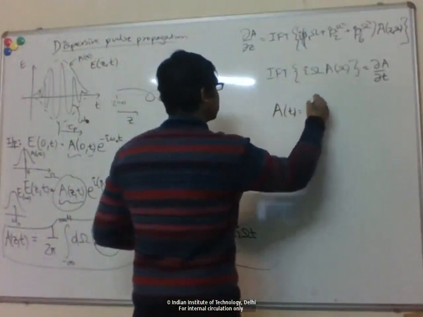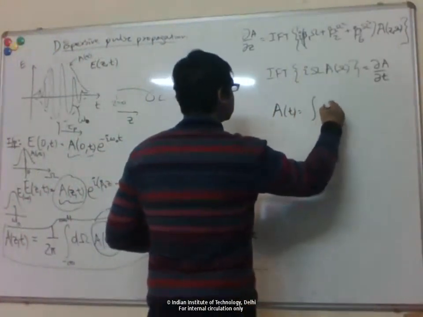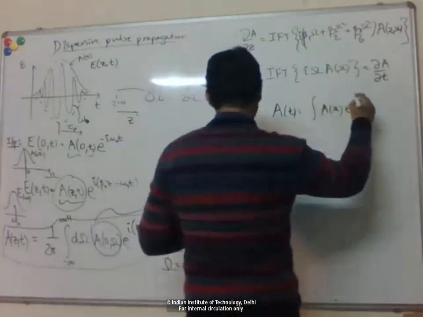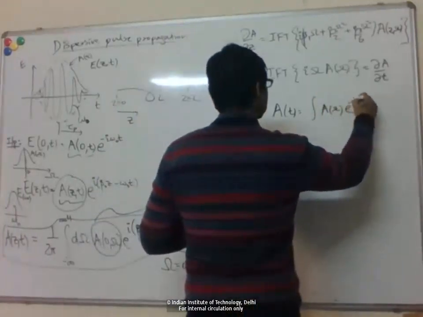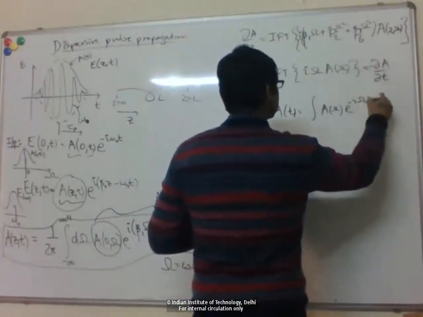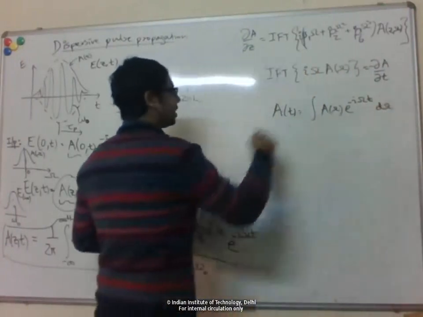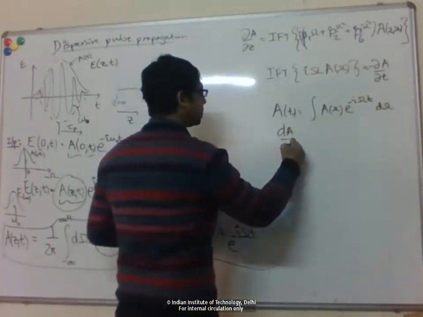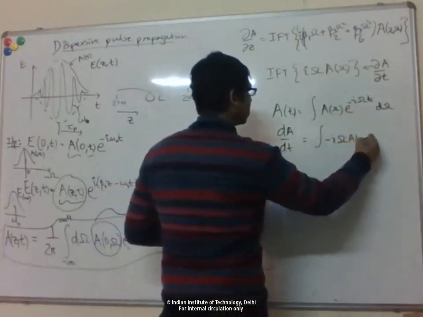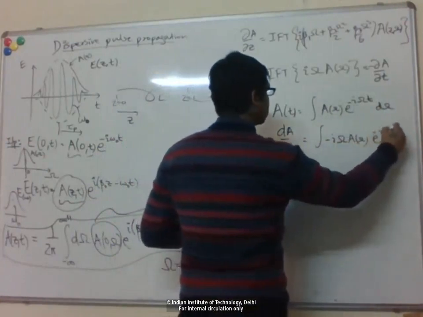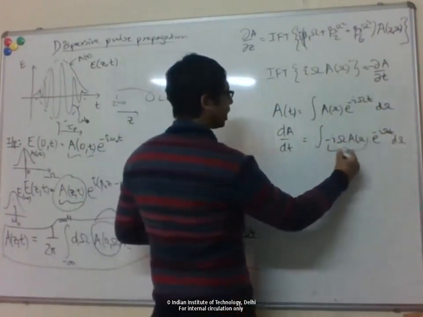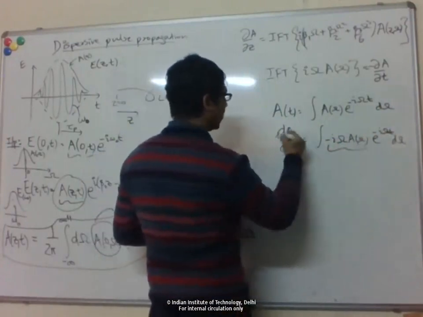So A(t), if I write as the integral of A(omega) e to the minus i omega t, and I take the derivative with respect to time on both sides, then you see here I get a minus i omega A(omega). Right? So the inverse Fourier transform of i omega times A(omega) is dA by dt.